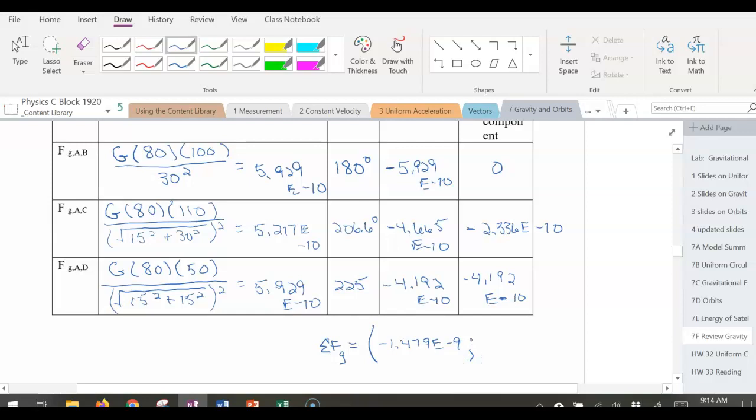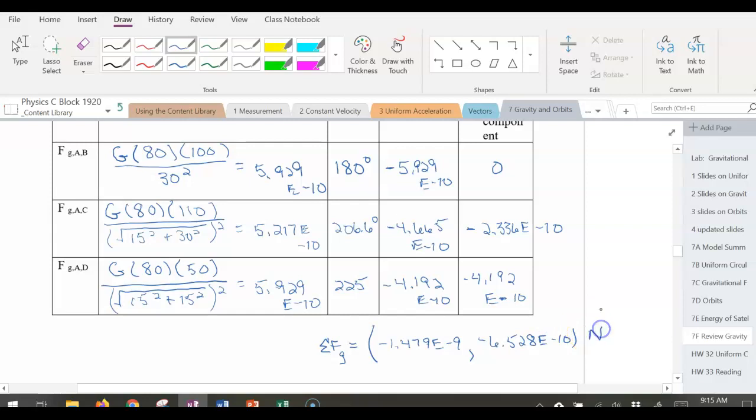And then I'm adding the y components. Okay, I get negative 6.528 e to the negative 10th.